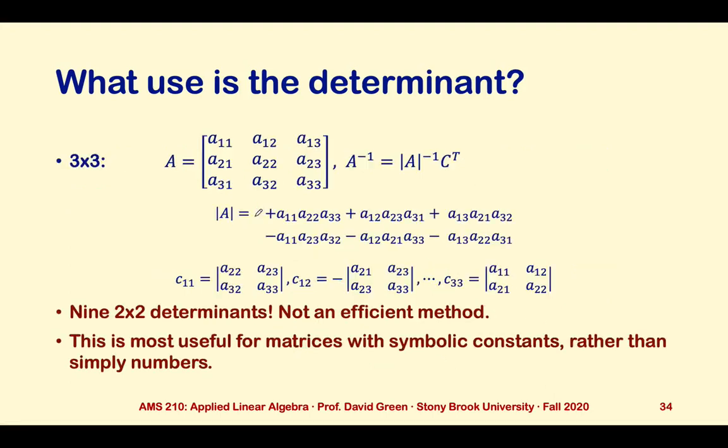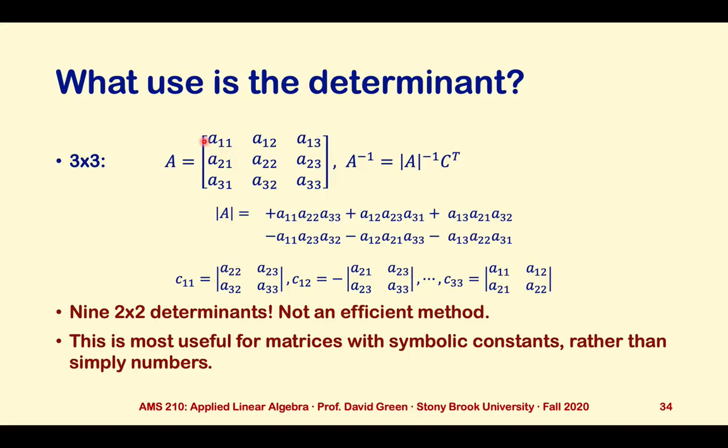We can try to do the same thing for the 3 by 3. We can construct our general matrix, compute the determinant of this matrix, and then go through and evaluate the various cofactors. Delete the first row and the first column gives us a 2 by 2 determinant, positive.